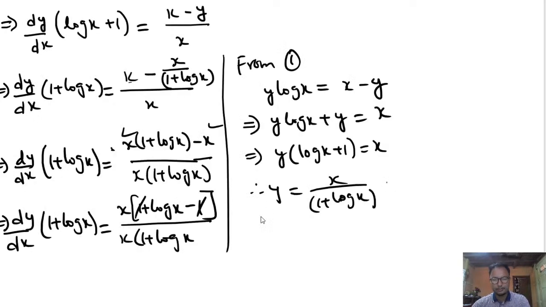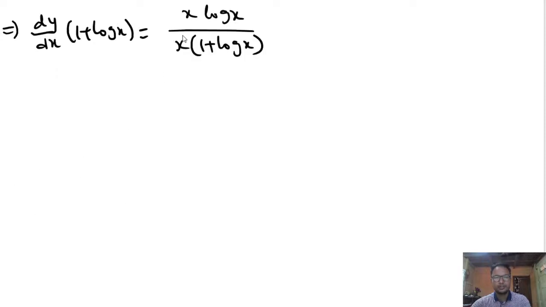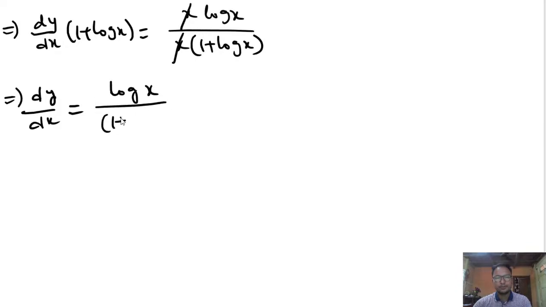Now the x cancels. So dy by dx is log x divided by 1 plus log x. Now cross multiply, and the denominator becomes 1 plus log x whole square.